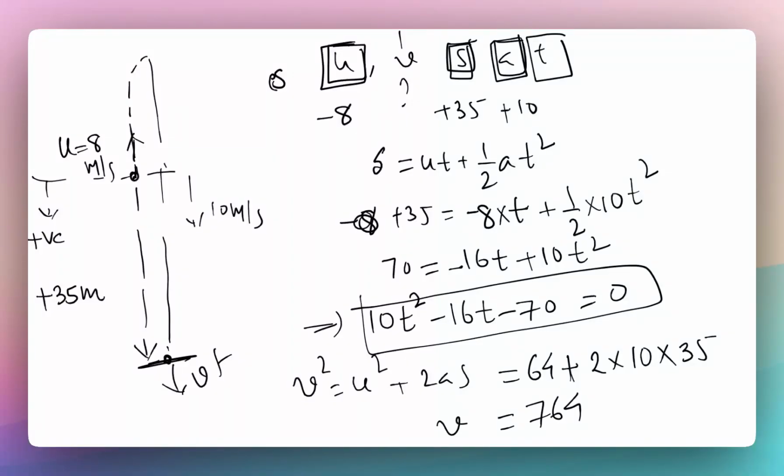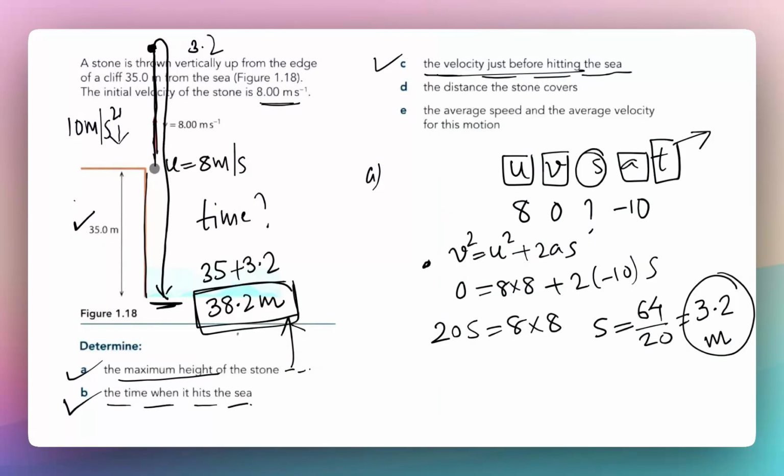And that's going to be v squared. So we are going to take the square root of 764 to find our answer, right? Square root of 764 is going to be 27.6 meters per second downwards. Okay, so with that, we have got the answer of this one.